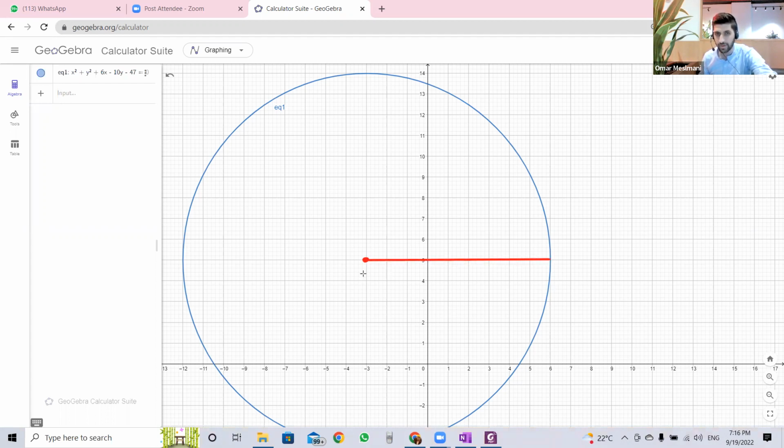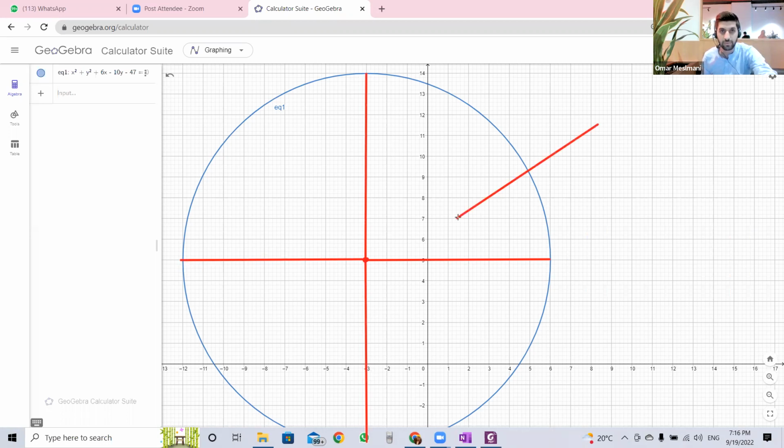Up is also 9, left is 9, and down is again 9. If you go any direction you want, up, down, left, right, you will have to do 9 steps.